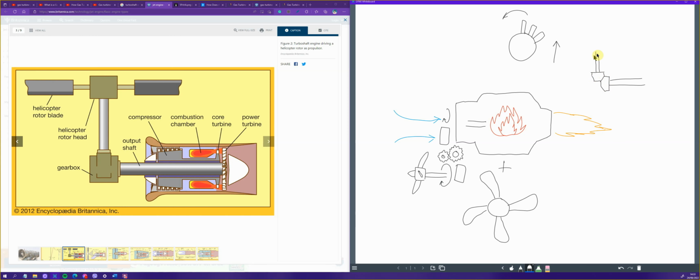Tapos ito na yung helicopter mo. Kunyari ganyan na lang. So ito pag umikot, so syempre iikot to, iikot din siya. Iikot yan.